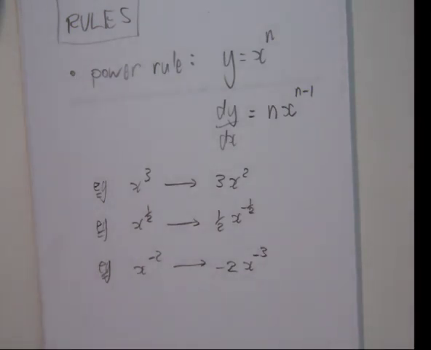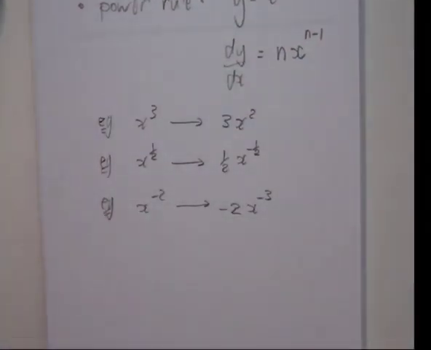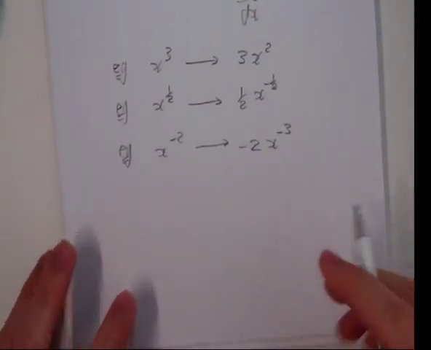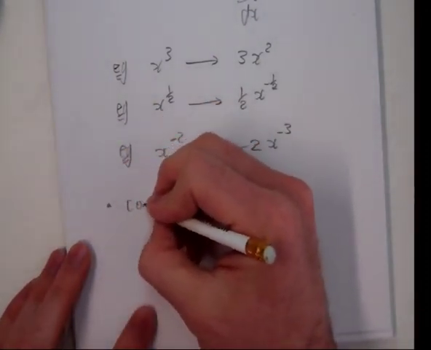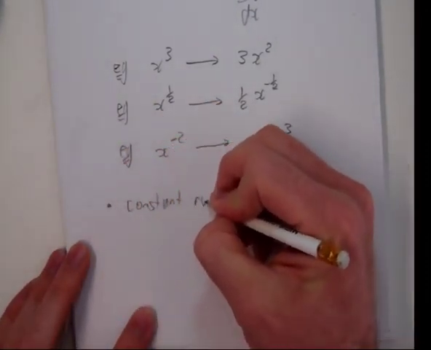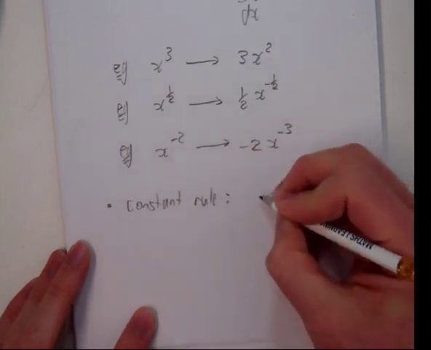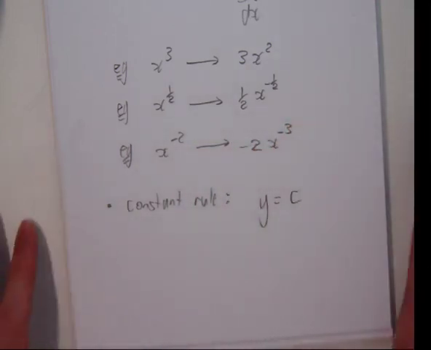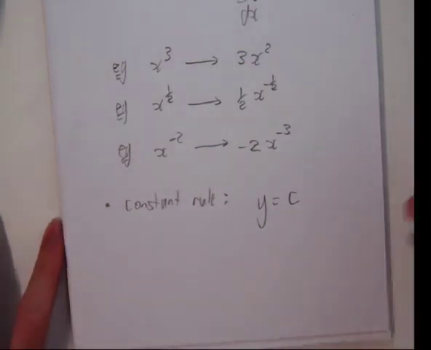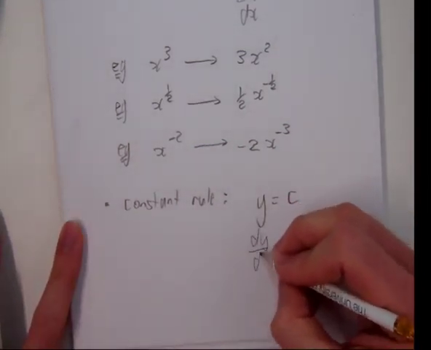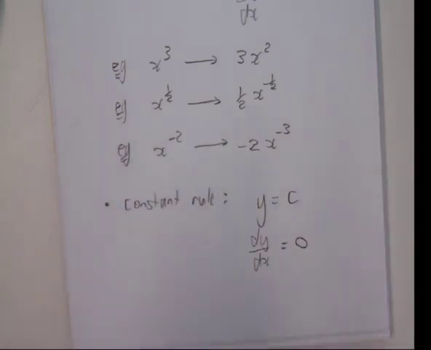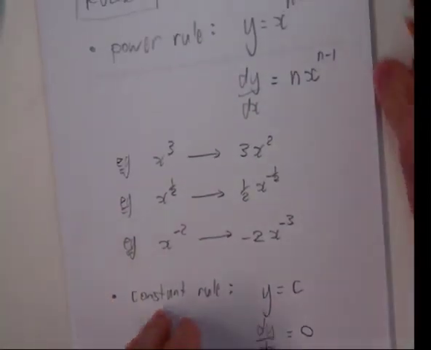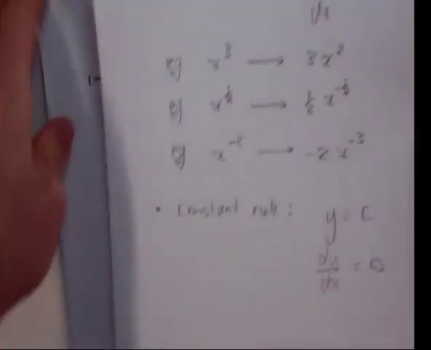The power rule is extremely useful and works for every possible power. There's a rule which says that if y is just a constant, so maybe it's 5 or 7 or 208, dy on dx will be 0. So they're the most basic rules of differentiation, and they will get you a long way.